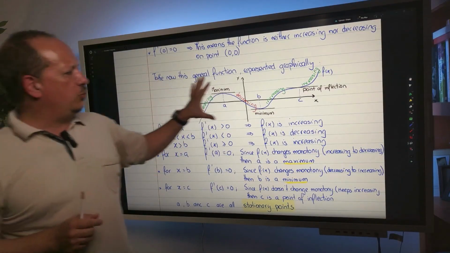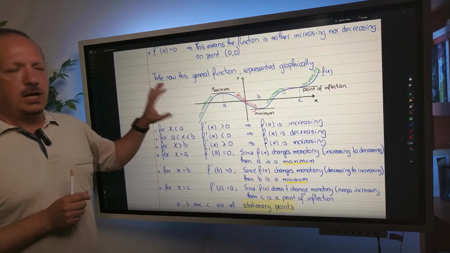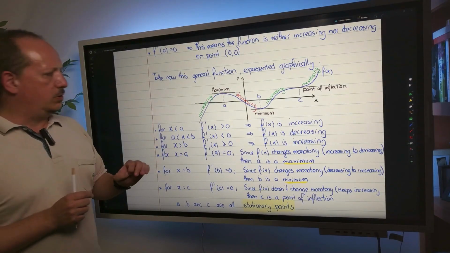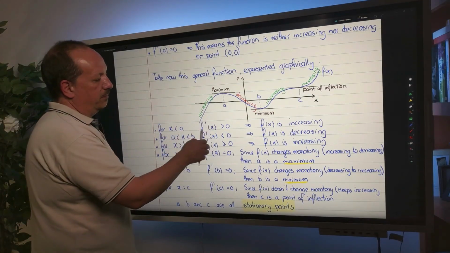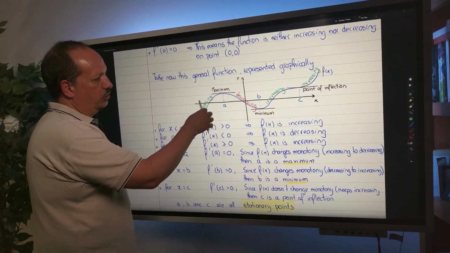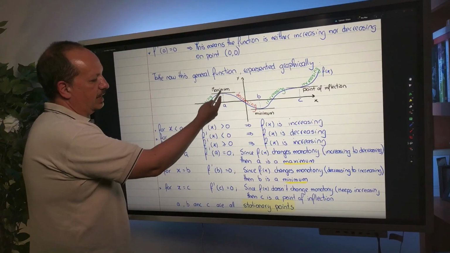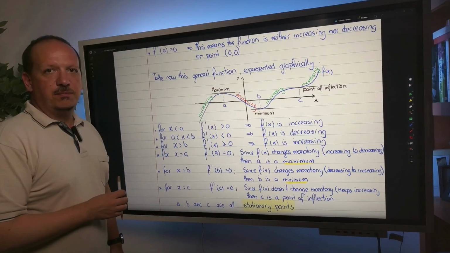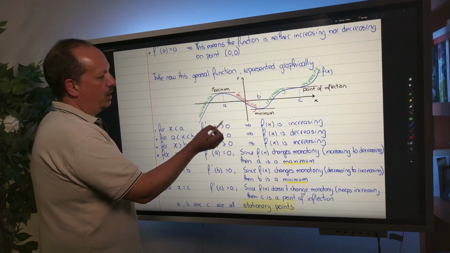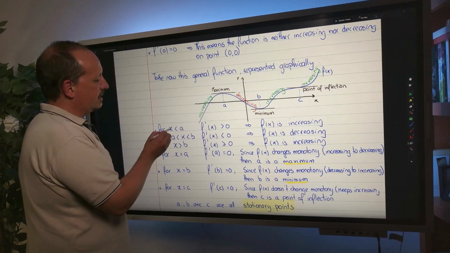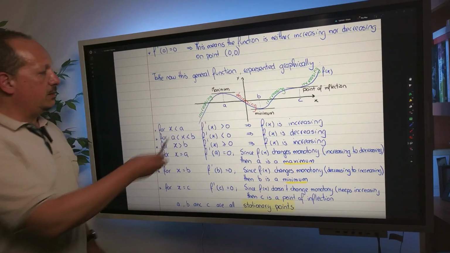Now, let's imagine that you wouldn't have access to the sketch of the function. How could you figure this out? You know that the derivative of the original function, f dash of x, is going to be positive for any value of x that is smaller than a, right?